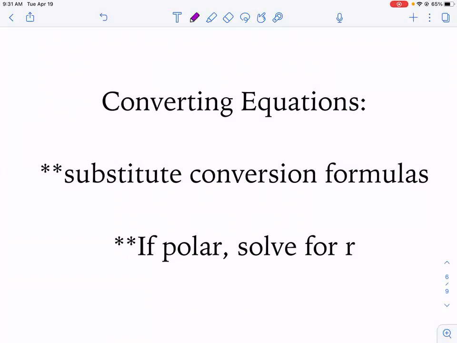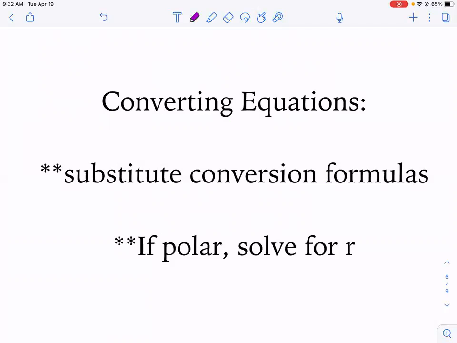Now, this is something that you are going to have to process each one a little bit differently. You need to think about what you have and how to change what you have into the other kind. So if you have r's and thetas, how do we get them to x's and y's, or vice versa? There are a couple types of problems that you'll see over and over. There's some that are way more simple than others.